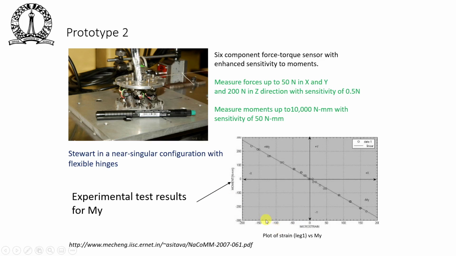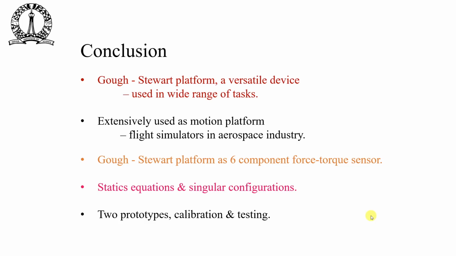So we can apply a moment My and we can measure the strains, and this is what it looks like. So it is fairly linear. So this is also one of the requirements for a typical sensor, that we would like the sensor to be linear. So if you double the moment, the strain should more or less double. And likewise reduce if you reduce the external force or moment.